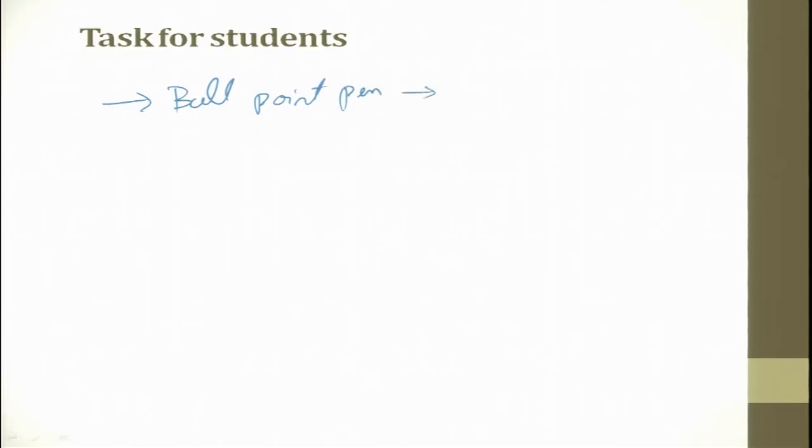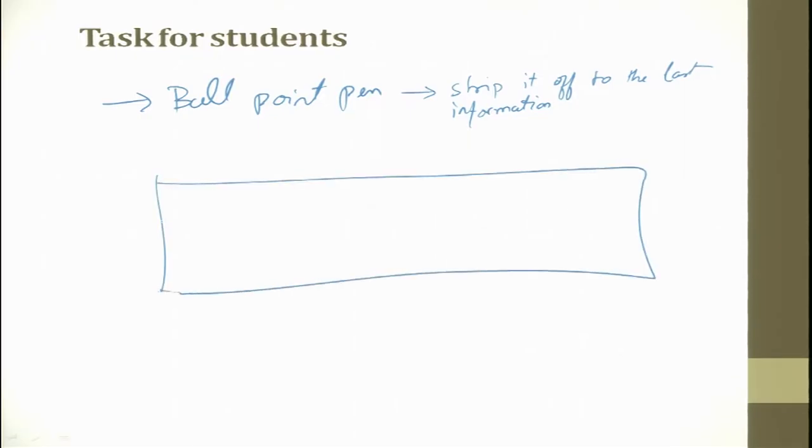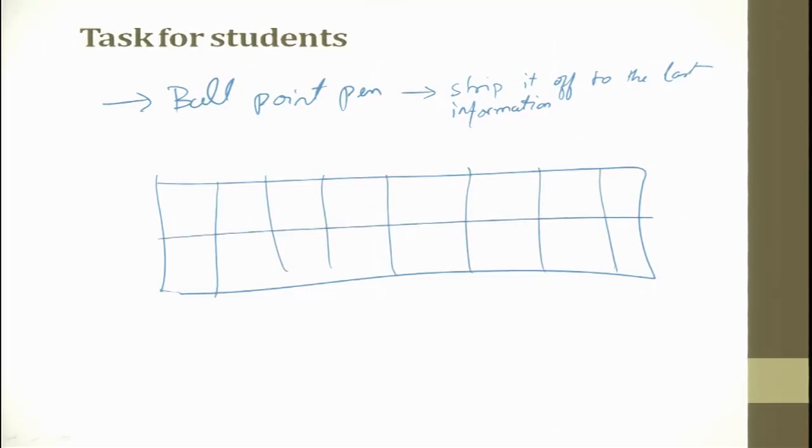So, task for students: take a ballpoint pen and try to dissect it, that means to strip it off to the last information. For example, you remove all the parts, keep them in front of you, then put the cost here, paste the part here, something like this.